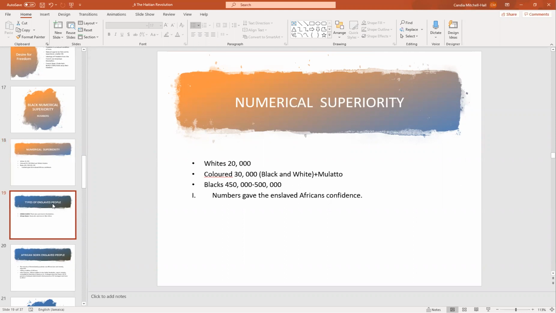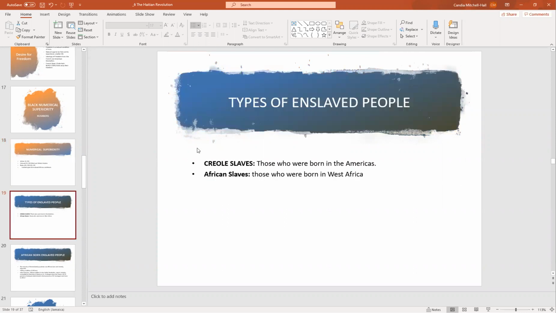Now, in the society, you had two types of slaves, or enslaved people. You had the Creole slaves and the African-born slaves. Creole slaves are those who were born in the Americas. So if you're born in Jamaica, you're a Creole slave.